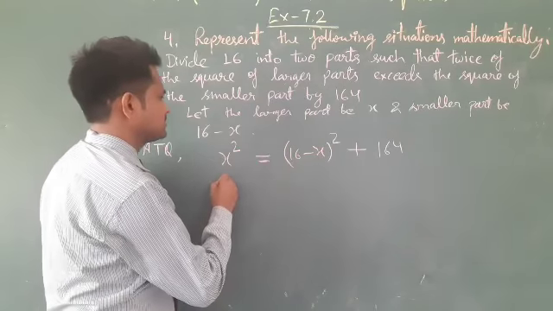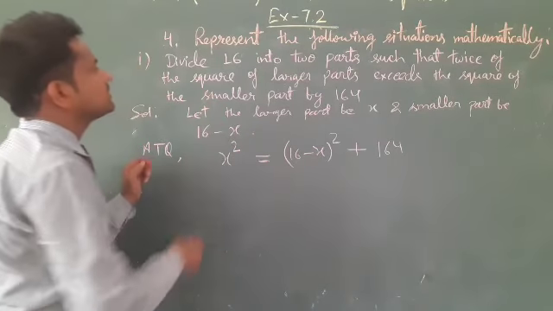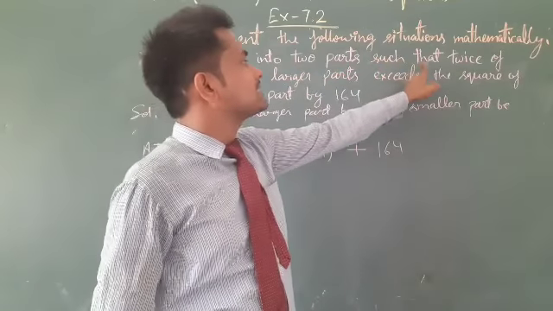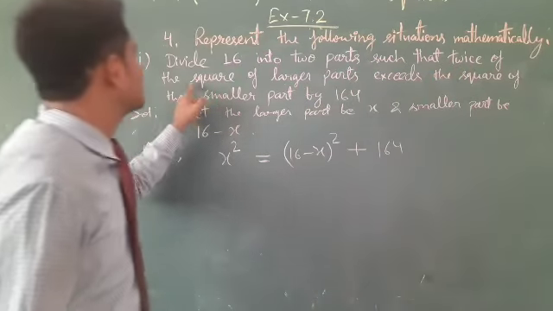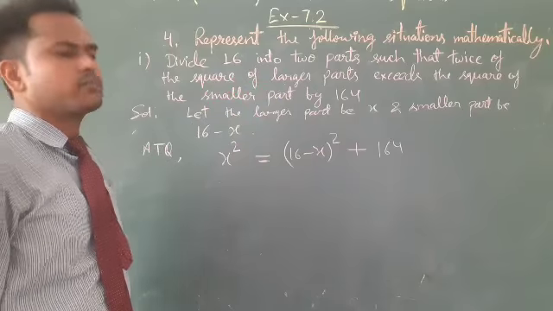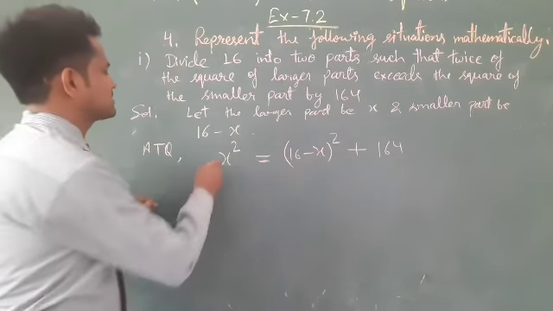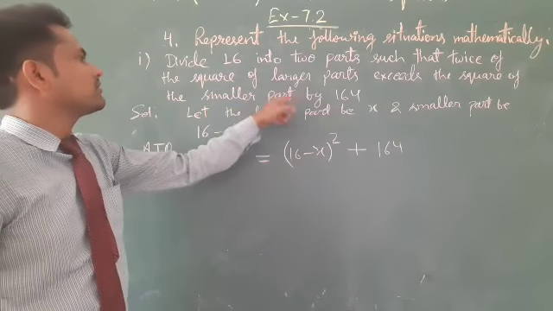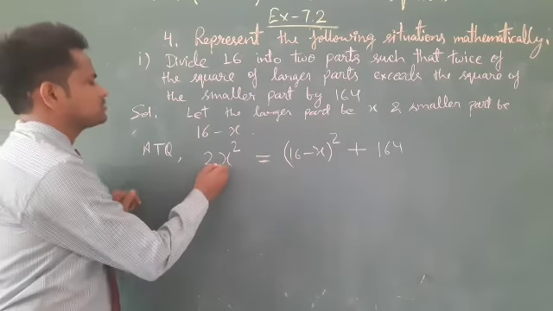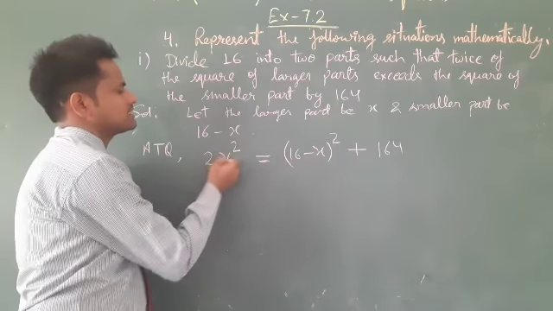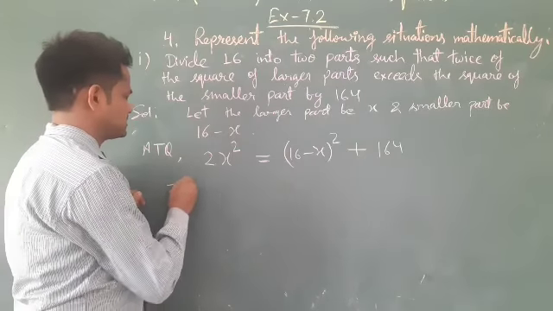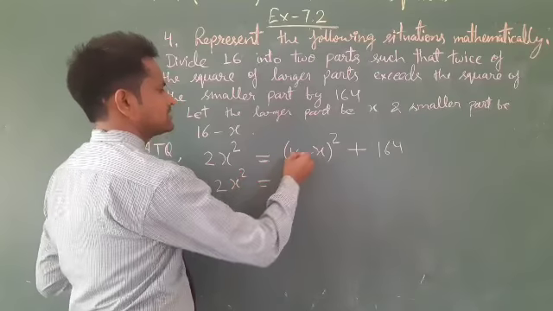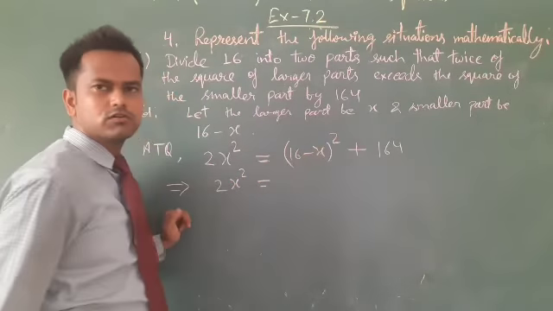Now solve this expression. Here it is given twice the square of the larger part. Twice means 2 times the square of the larger part, so 2x square. Then you have to simplify. We will get 2x square plus 16 minus x to the power 2.